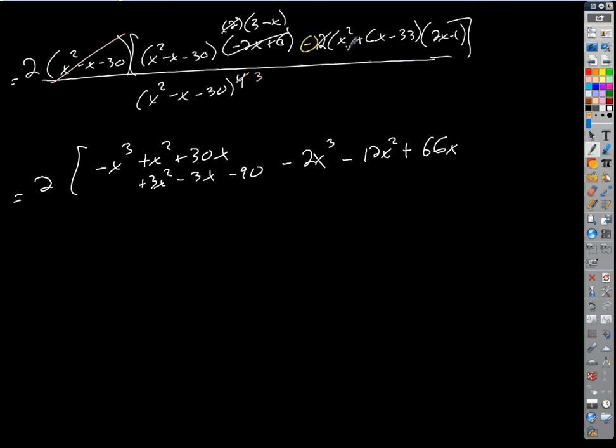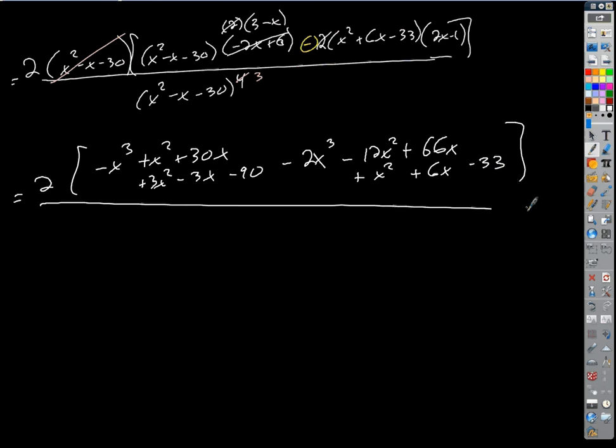No, it'd be plus, because I got this minus out there that's changing the sign. Plus x squared, plus 6x, minus 33. That makes life so much easier. Okay, all divided by the bottom. They're not falling over here, but it's how they do it.